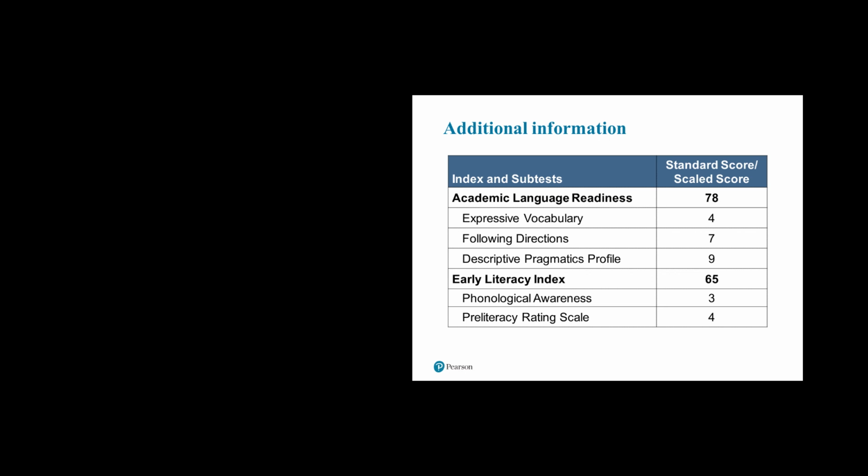Some additional information collected using CELF Preschool-3 that will help to answer referral questions are in the academic language readiness score. This score is in the below average range. And if we look at the subtests that comprise this index score, we see that her lowest subtest score was in expressive vocabulary.